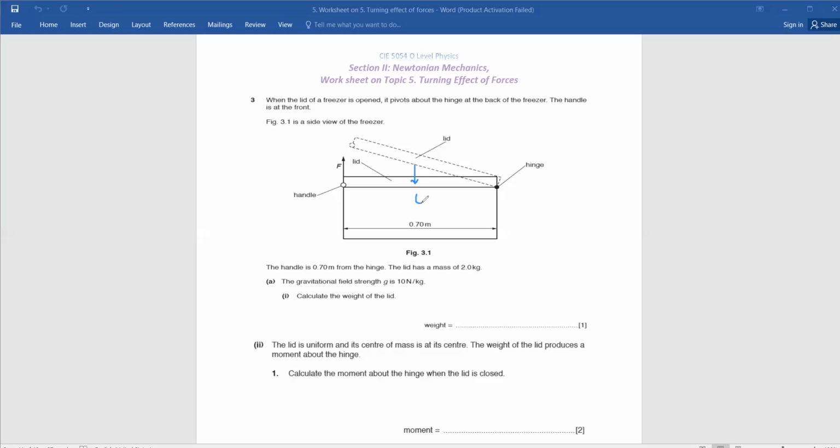Sir, I have a question. Sure. How did you understand that the weight is in the middle? Very good, I like your question. We understand one thing, that the lid is a uniform object, right? So for any kind of uniform object, like this one, everywhere it is the same. The length and breadth are matching on both sides, right?